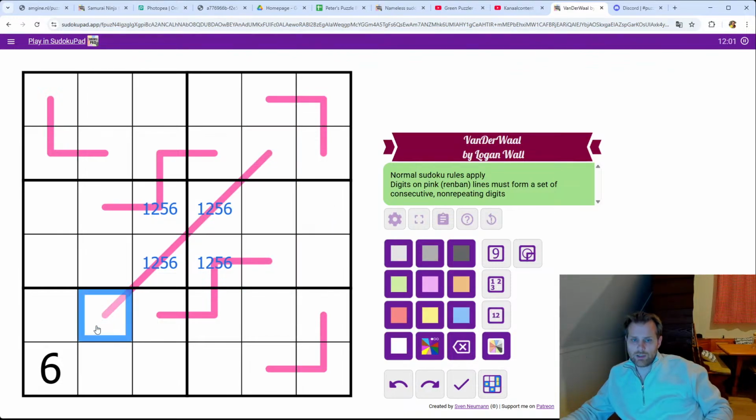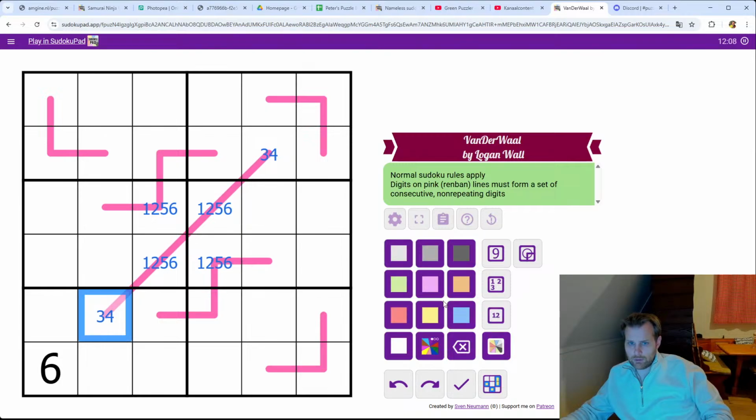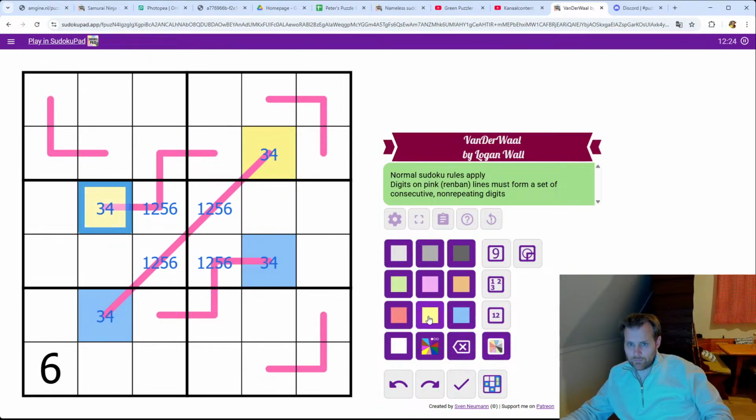So what we say is this one is a 3-4 pair, must be. And we color this one blue and this one yellow. This one must have a blue 3-4 on it. This one must have a yellow 3-4 on it.